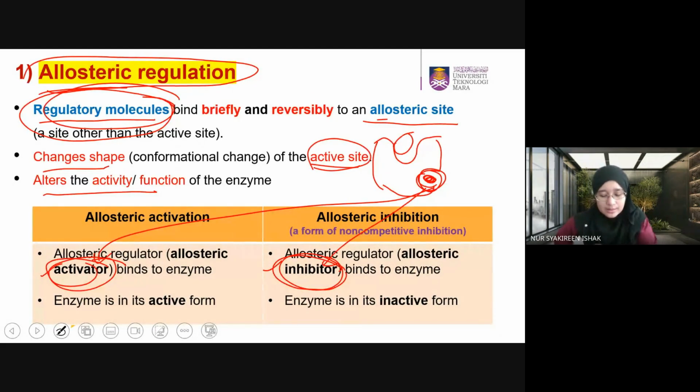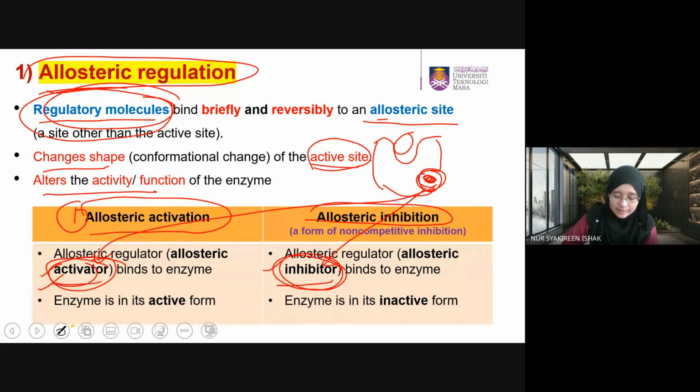So for allosteric regulation, there are two types: allosteric activation by the binding of an activator, or allosteric inhibition by the binding of an inhibitor to the allosteric site. If an activator binds, the enzyme changes shape to the active form, so the active site changes shape so that the substrate can bind.